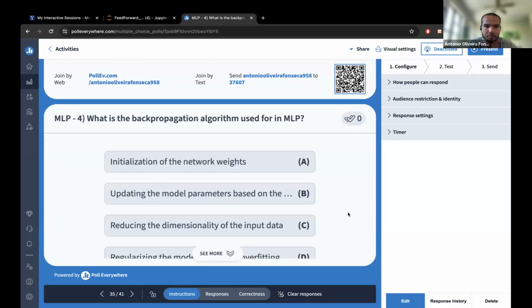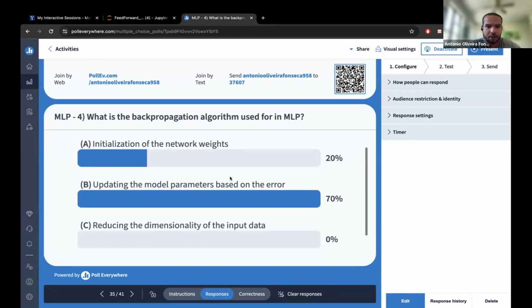Last one. What is the backpropagation algorithm used for in MLP? All right, let's go with this. Okay, most people, we have almost a split here.